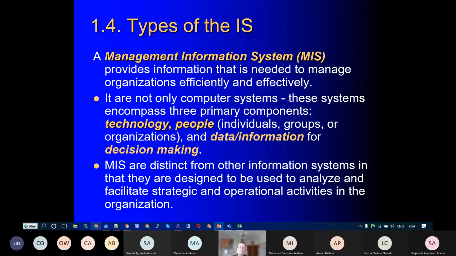Here is again an important point to check: overlap in abbreviation. MIS in the broad sense is designated to represent management information system. But in case of medical informatics, the same abbreviation is also used to define medical information systems.